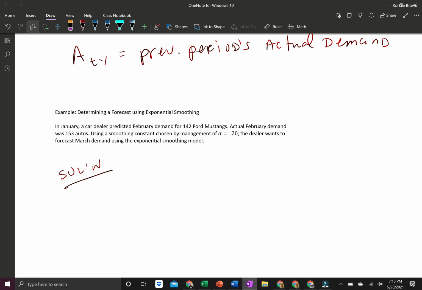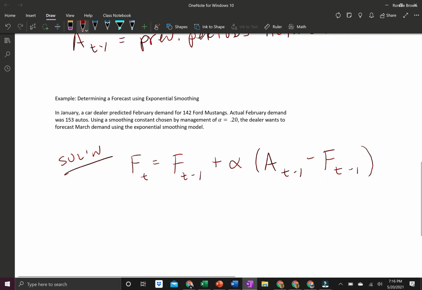All right, so substituting the data. First I'll actually write that equation over again, right? We had f sub t is equal to f sub t minus 1 plus alpha times the quantity of a sub t minus 1 minus f sub t minus 1. I like to always have my formula right in front of me so that I can look at it and then substitute in.